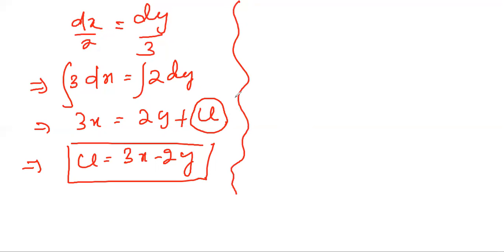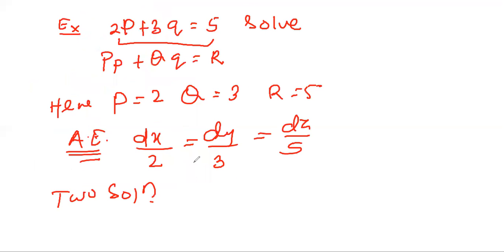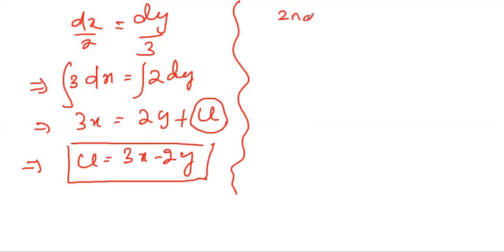Again, we need another solution. So how to find another solution? We collect it from any two. We have considered first and second. Now we consider second and third. So dy by 3 is equal to dz by 5.